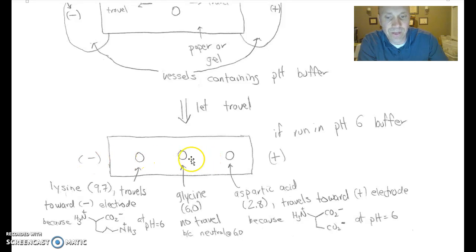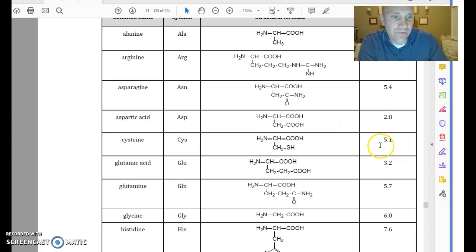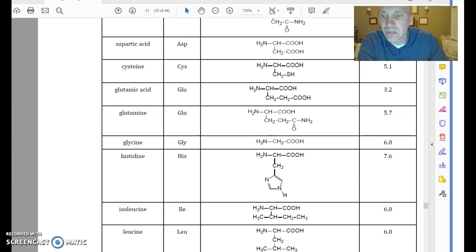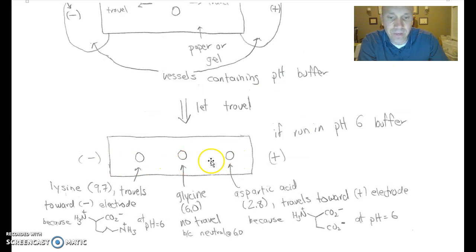This is a fairly simplified example. Most amino acids have slightly different isoelectric points, so you'll get different amounts of separation when you run this technique. Electrophoresis is used not only for separating amino acids, but also for larger proteins and nucleic acids, and we will talk about that more when we get to nucleic acids.